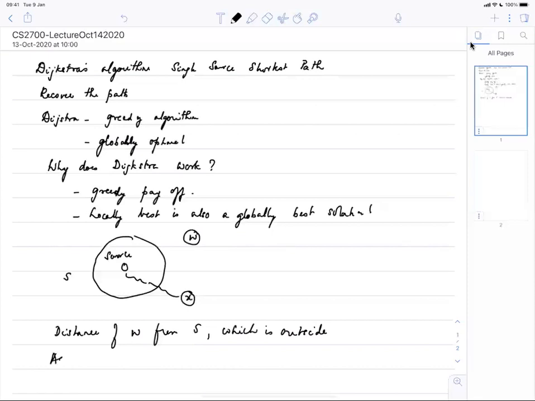Let us assume that W has a special path from S, which is shorter.